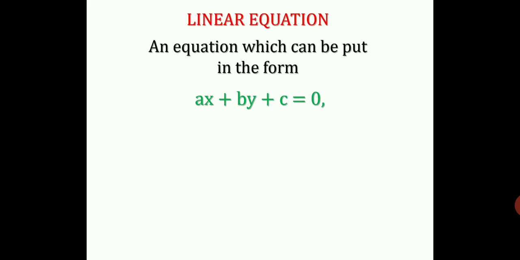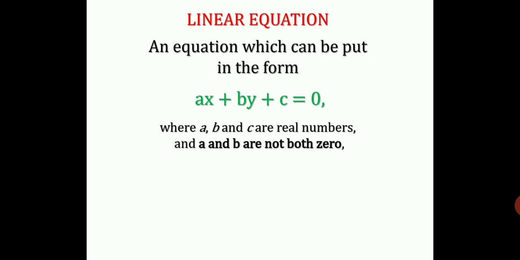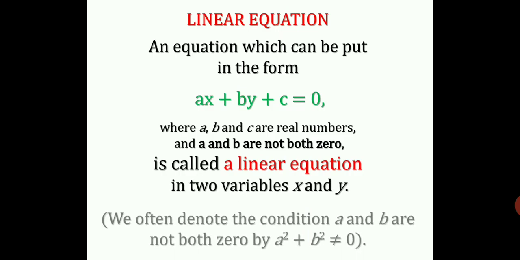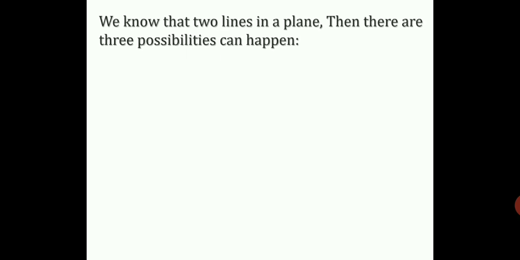Here a, b, c are constants, and x and y are variables. There is a condition that a and b are not both 0. That standard equation is called a linear equation in two variables.